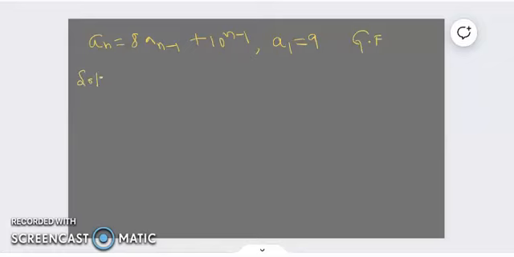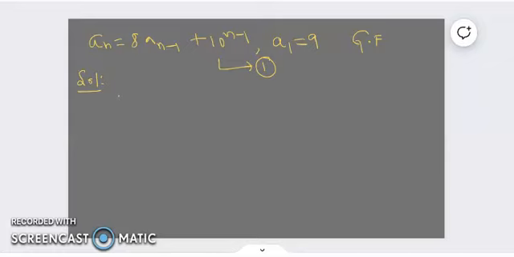Now, solution. The given recurrence relation can be taken as equation 1. We have the procedure from our previous video. Depending on the procedure of solution by using generating functions, we need to solve this problem.